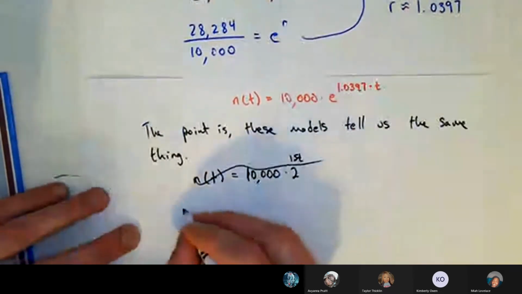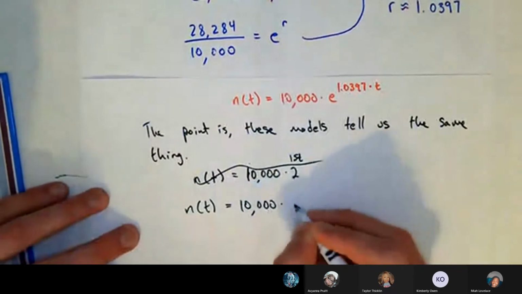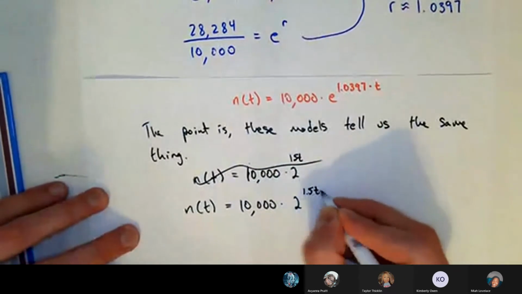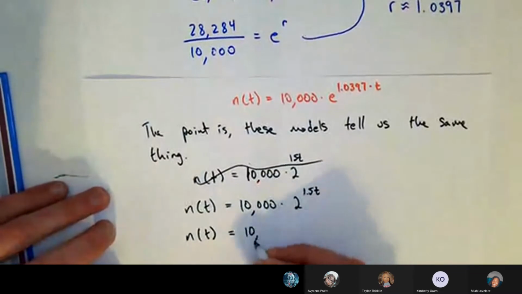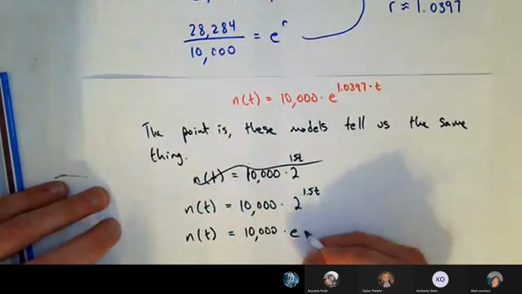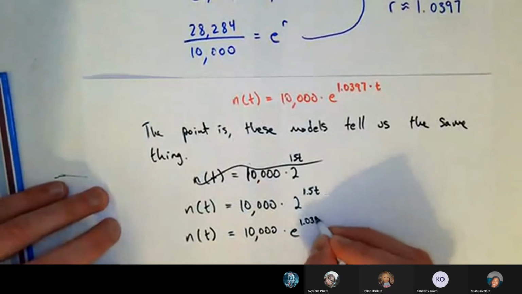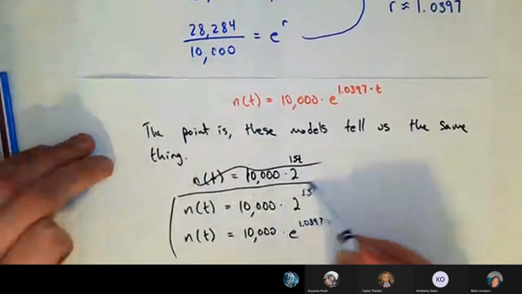Hang on, let me write it a bit cleaner. N of t is equal to 10,000 times 2 raised to the 1.5t is the same as N of t equals 10,000 times e raised to the 1.0397t, which is really interesting, but they're the same model.